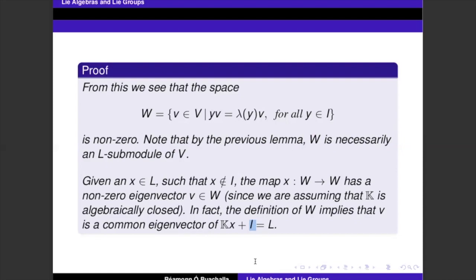So that means in particular that this V, which is the common eigenvector, is an eigenvector of X. So this V that we've now found does what it's supposed to do. And that's the first part finished.